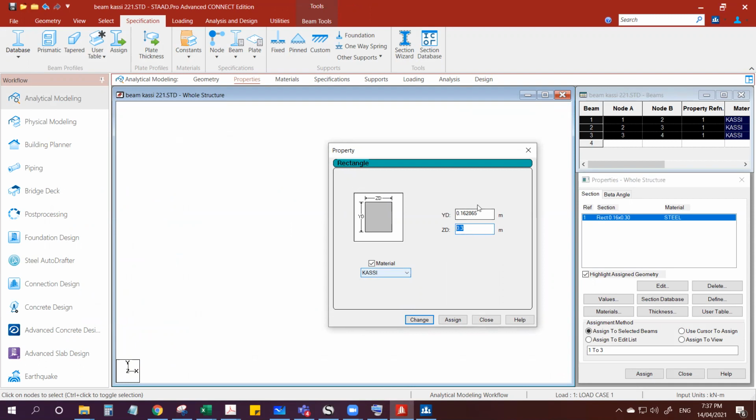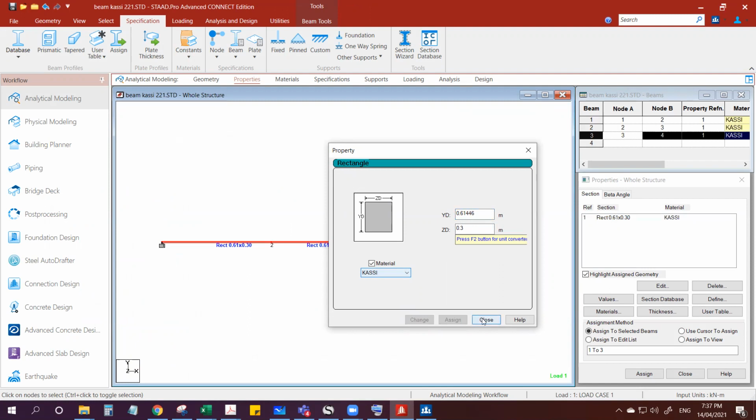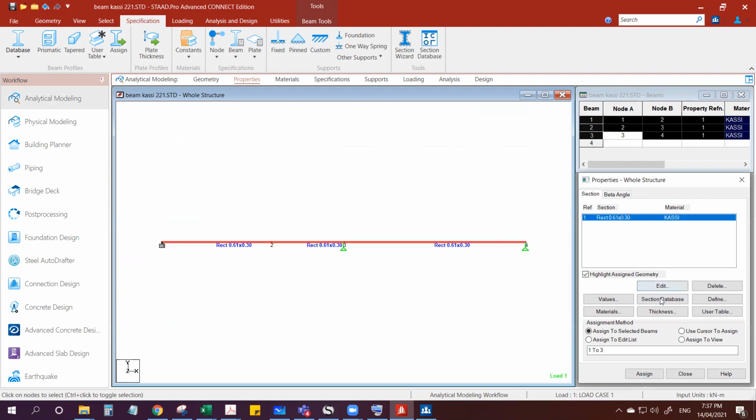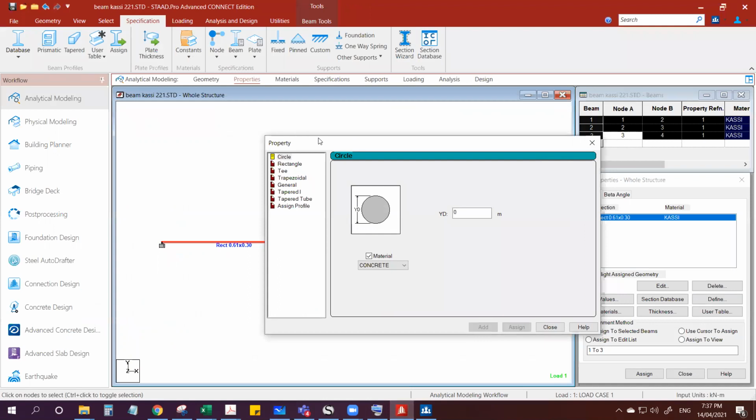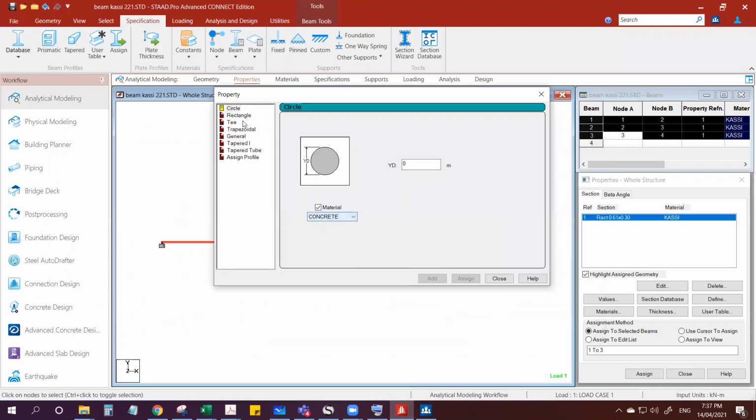Z is 0.3, Y is 0.61446. And then assign. Okay, and create a new one. Make this 0.45, 0.61446.